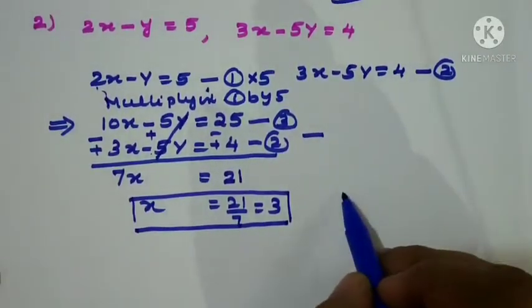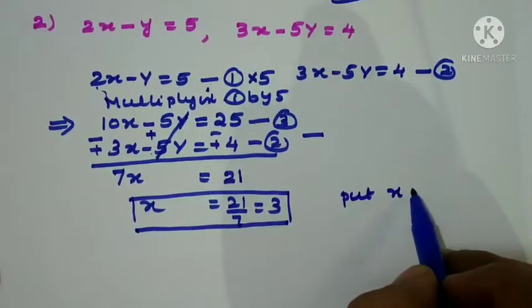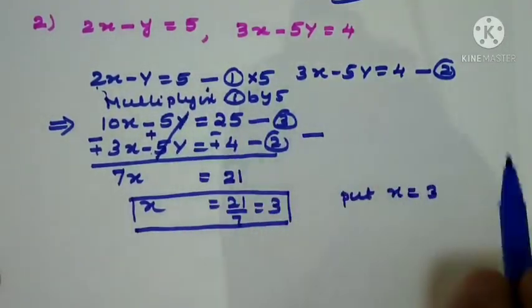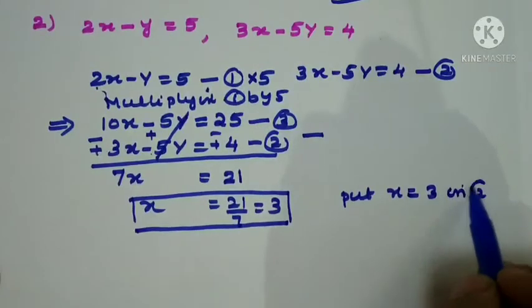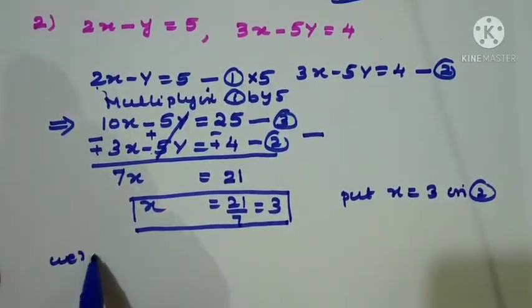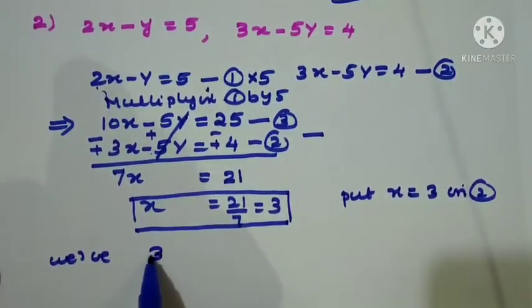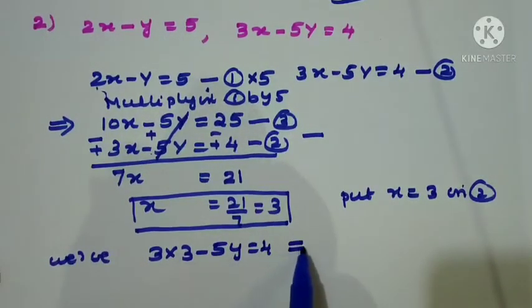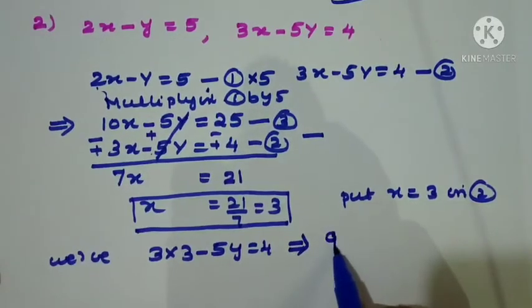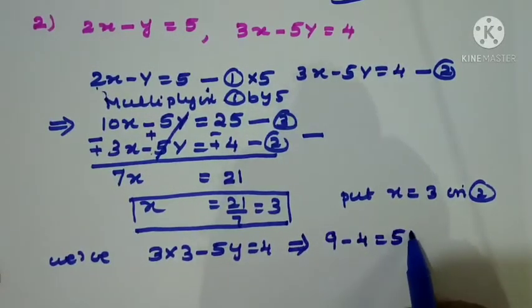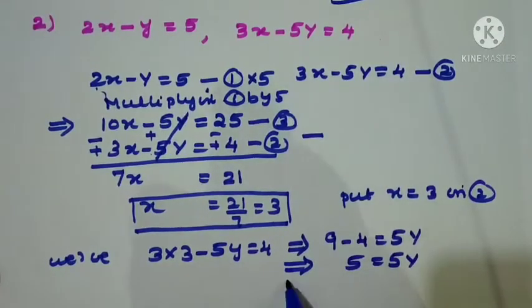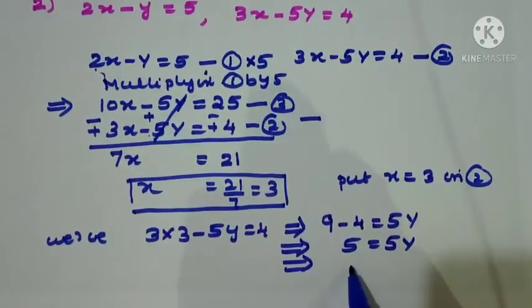Right? Now put x equal to 3 in 1 or 2, I can put. Last time I have put in 1 only, so let me put in 2 only. This time we have 3 into 3 minus 5y equal to 4, implies 9 minus 4 equal to 5y, implies 5 equal to 5y, implies y equal to 5 by 5 equal to 1.